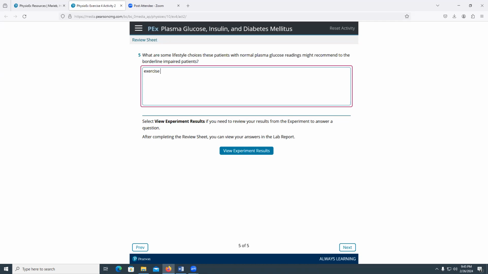Exercise, healthy diet, and yeah, exercise and healthy diet. We don't want a sedentary lifestyle, and we do not want fast food and high cholesterol food.